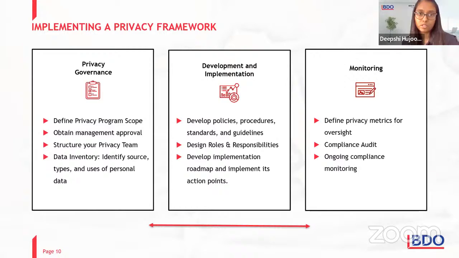We have a data protection officer, the key person who will be leading the project, but it is better to have that person surrounded by the team, because that person alone will not be able to know, for instance, what is exactly happening in the HR department, what is happening in the IT department, and so on. So it's better to have a privacy team onboarded at the very start of the project. All right, and then the fourth step in this first phase is on the data inventory.